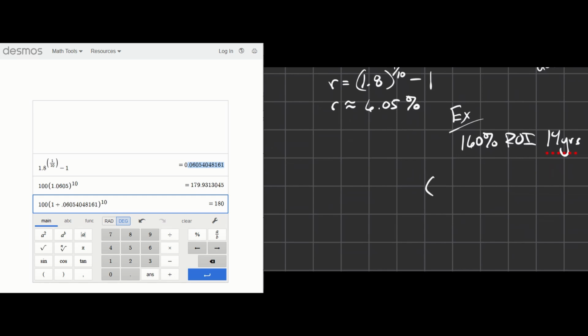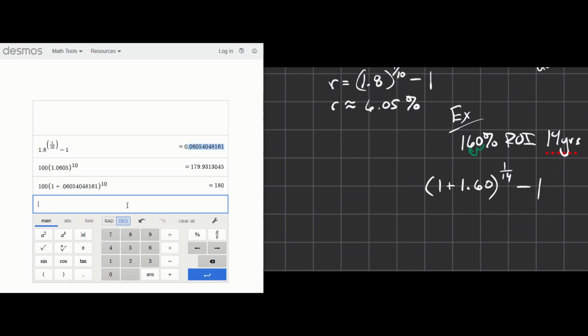So we can just drop that into our formula. It's going to be 1 plus 1.6. That 1.6, or 1.60, represents the 160% return. All right, we have to do it as a decimal. So remember, if you just move this over 2 places, that's where the decimal goes, going from a percentage to a decimal. So then we'll raise that to the 1 over 14th power and then subtract 1.